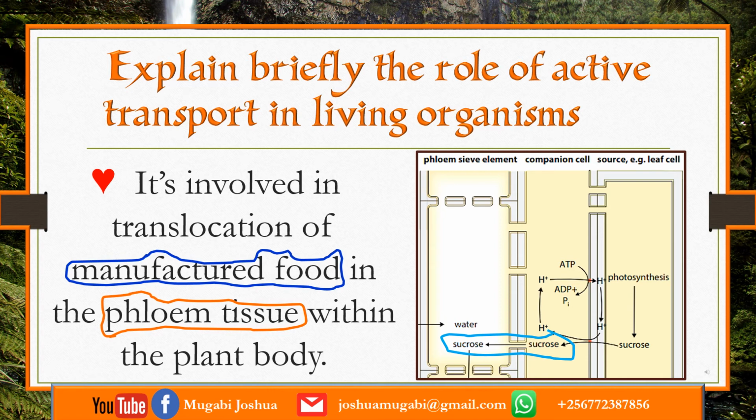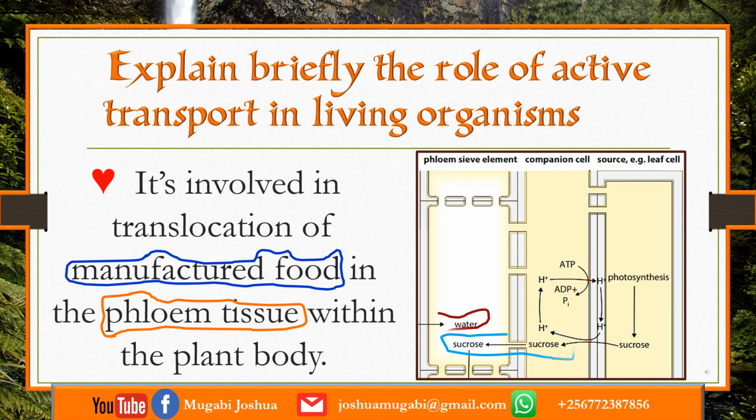The water will enter into the phloem sieve elements by osmosis, being attracted by the sucrose concentration, moving from a region of high water concentration, those are the nearby cells, into a region of low water concentration, that is the phloem sieve elements where there is sucrose.